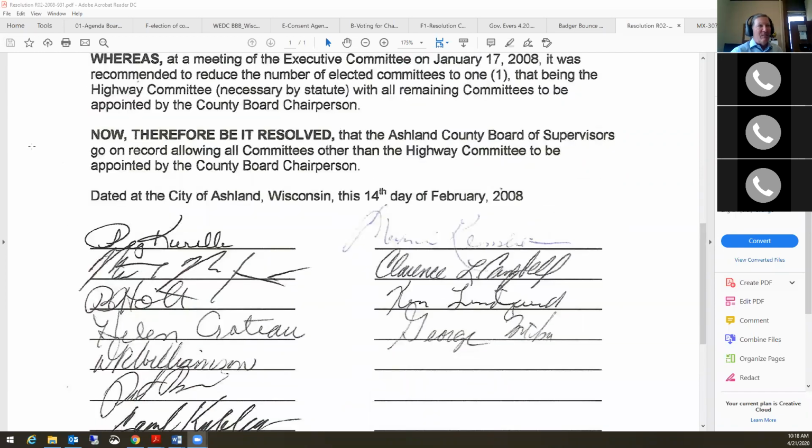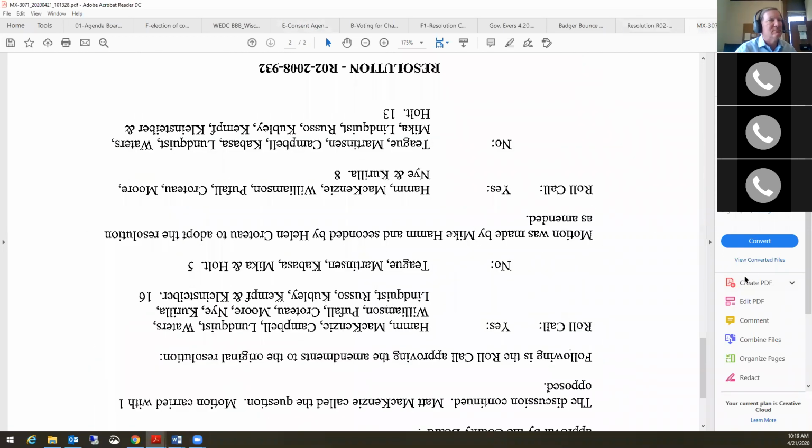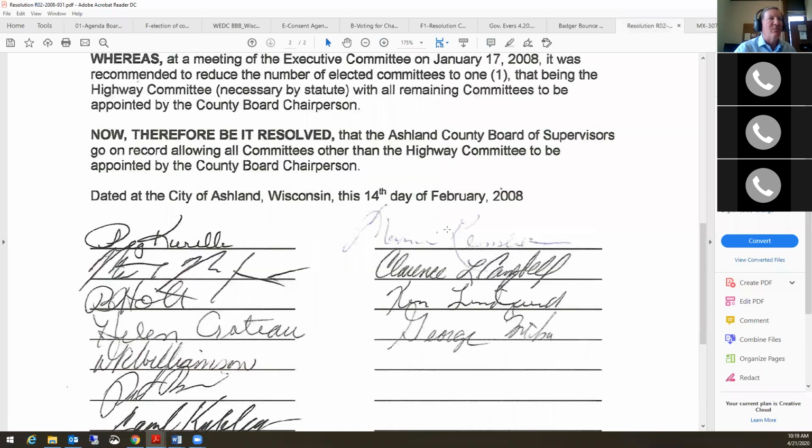The question is, the minutes would overrule this. Would that, as far as it wasn't adopted because the minutes reflect that it wasn't passed? And these are upside down. So Max, that was the question.